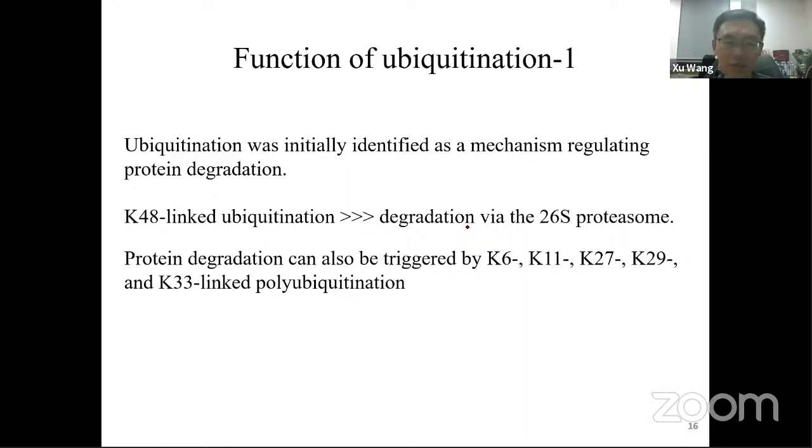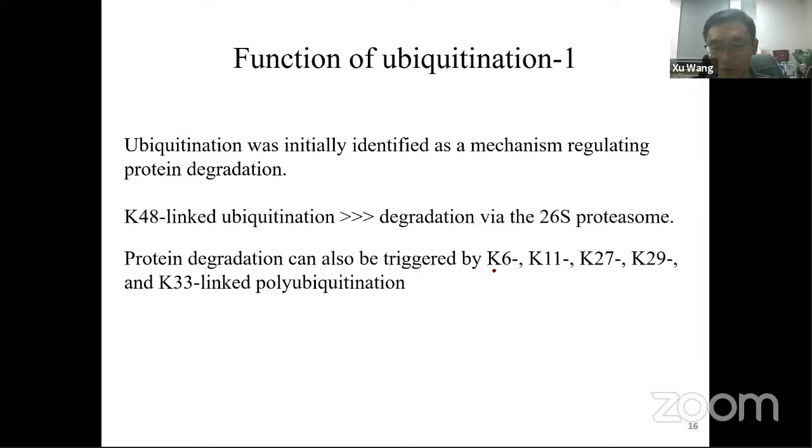In addition to K48-specific ubiquitination, protein degradation can also be triggered by K6, K11, K27, K29, and K33-linked polyubiquitination. So as I told you before, the type of ubiquitination decides the function of ubiquitination.